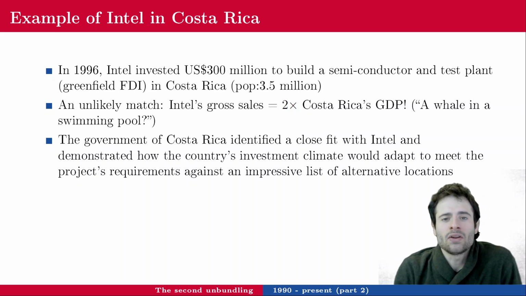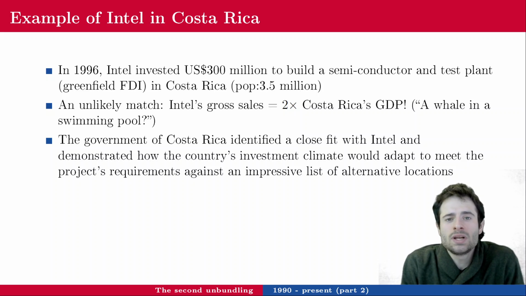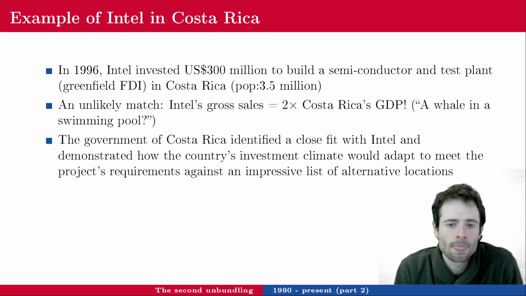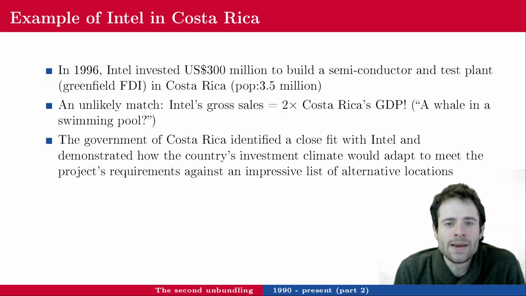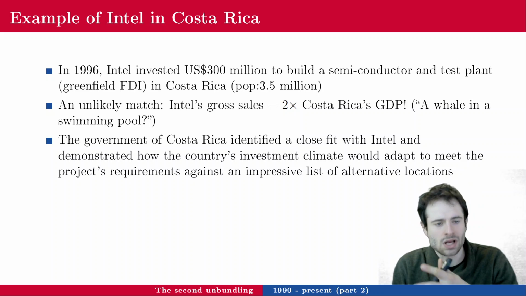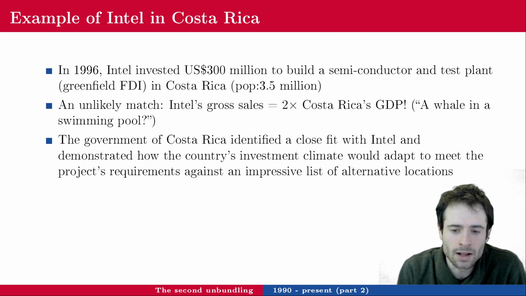This is pretty much part of those bilateral investment treaties or those deep provisions. Except that here it's just about making sure Intel stays in Costa Rica. It's not really making a deal with the whole US government, but just with Intel.